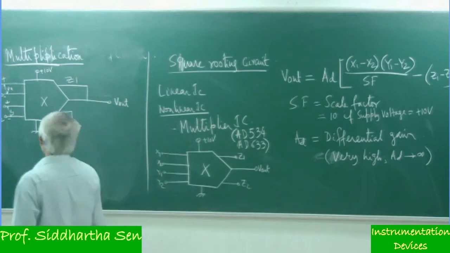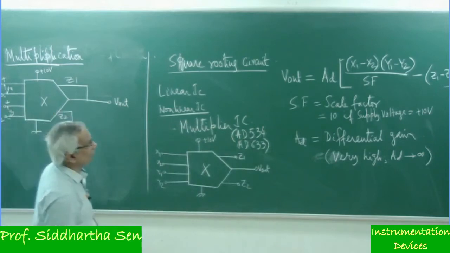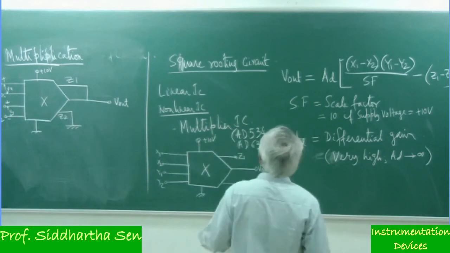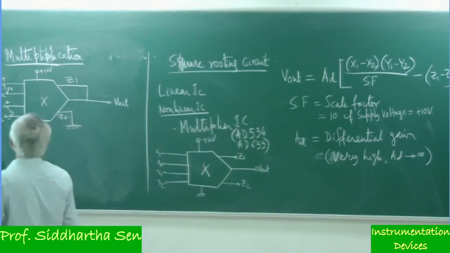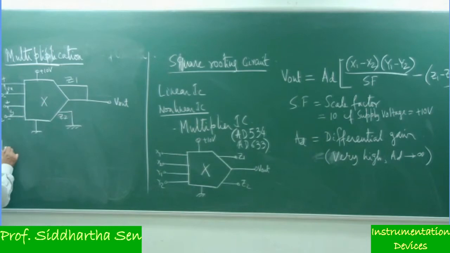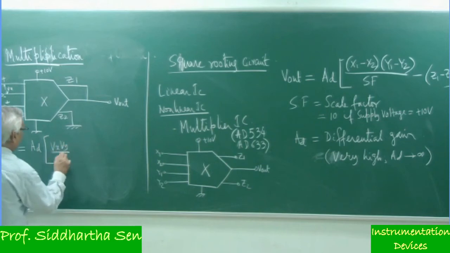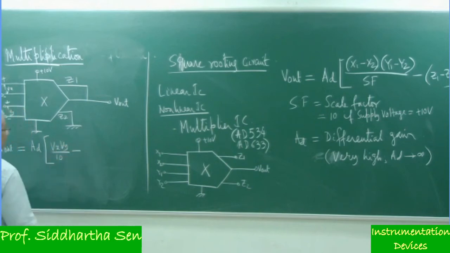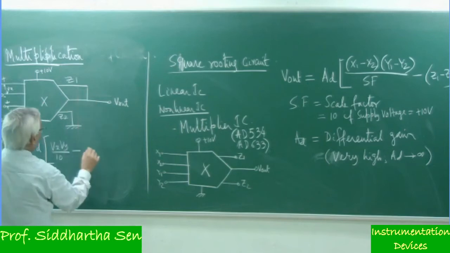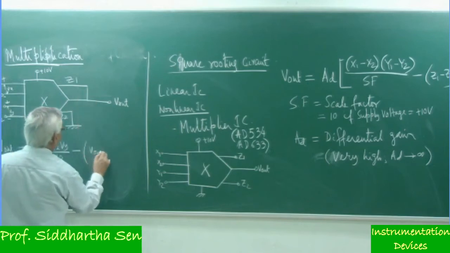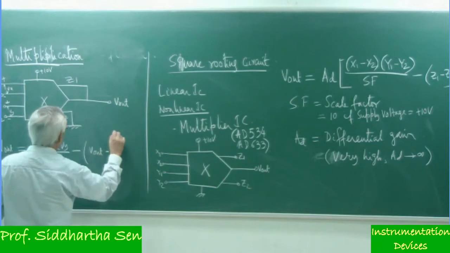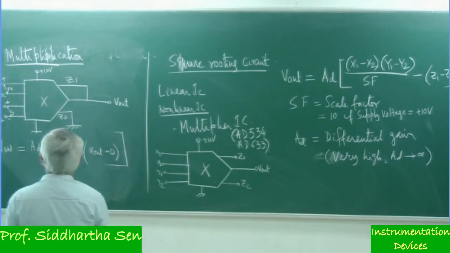So I can start with this one that I have already drawn here. V out is equal to, what is this? AD into Vx into Vy divided by 10 minus, what is Z1? Z1 is V out and Z2 is zero voltage.